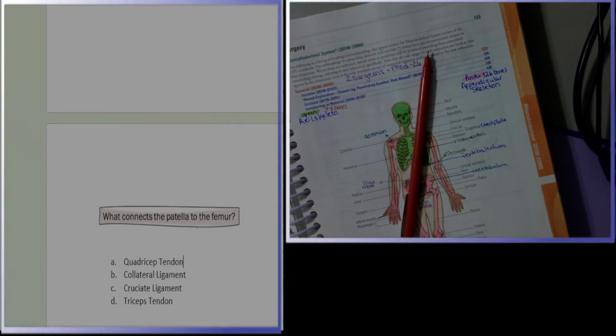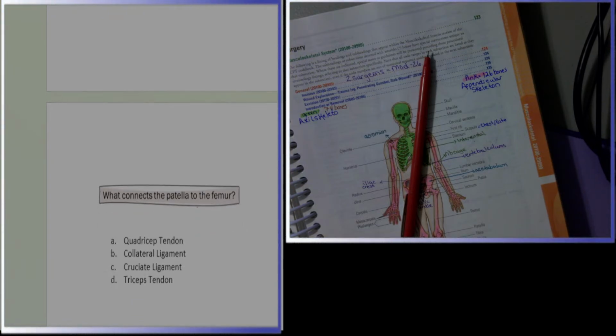So be sure and know that diagnosis about the tear duct being infected. That's one of the things you should know about for the exam. This one I figured everybody would get wrong because I think everybody did. Oh, wait a minute. Patrice may have gotten it right. The quadriceps tendon does.